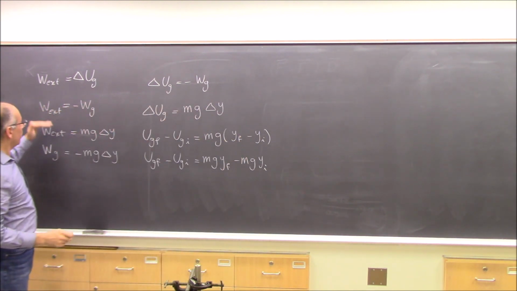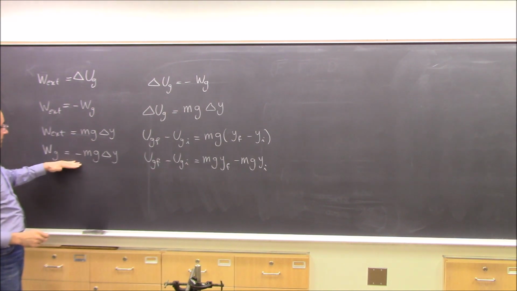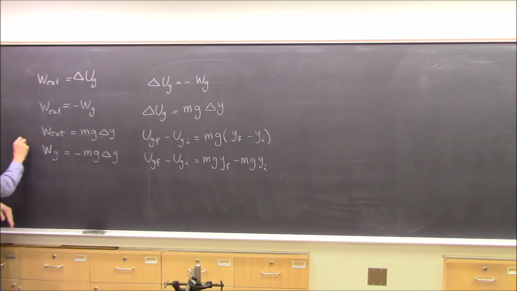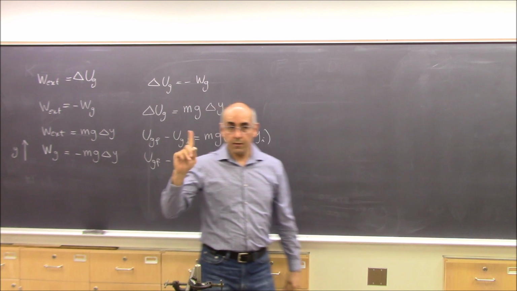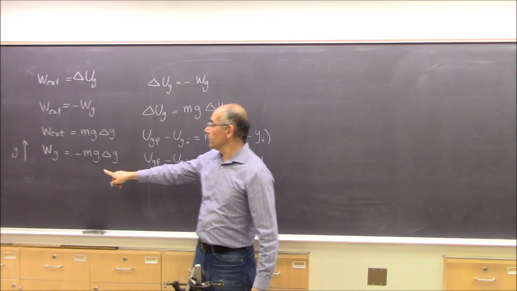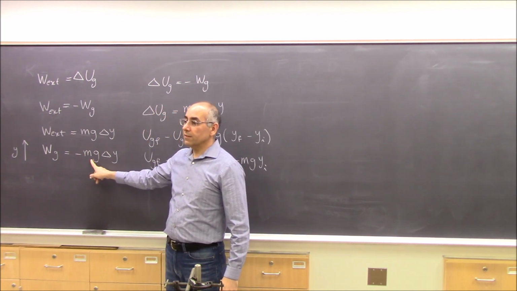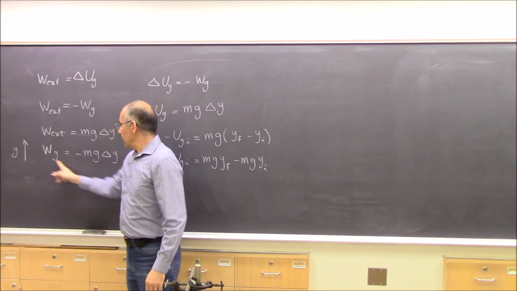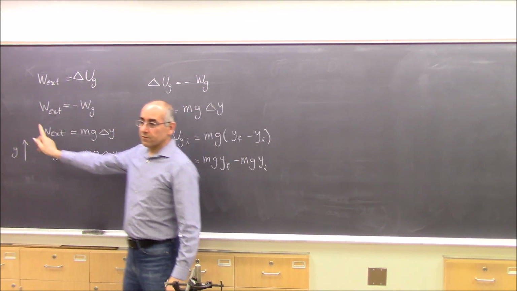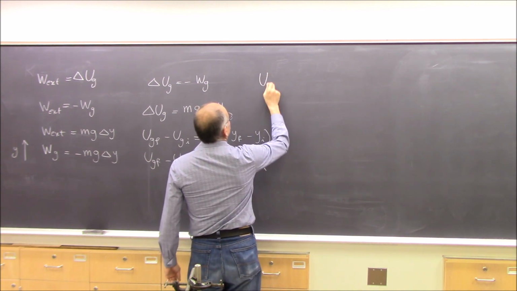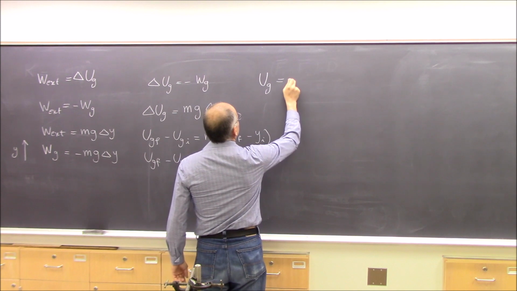Remember, the work that we talk about here for gravitational force, there is a y-axis that's always upward. The y-axis should be upward for this to work, because when you go up, the work of gravity is negative. If you go downward, the work of gravity is positive. So this is according to a y-axis that's upward, and then gravitational potential energy is equal to mgy.